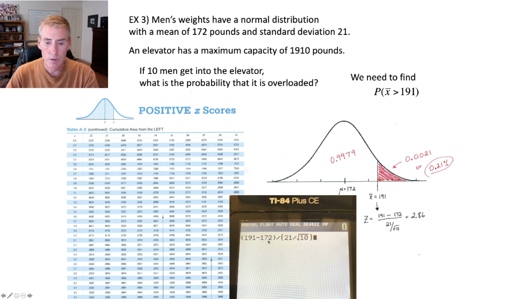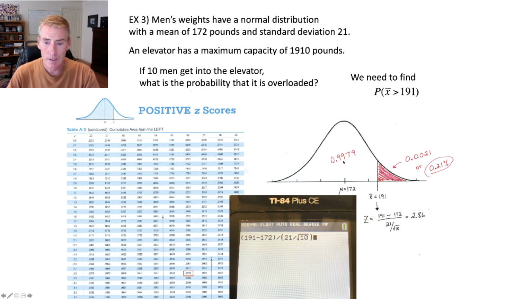Again, make sure you put the numerator in its own parentheses and the denominator in its own parentheses. And then you'll get a 2.86. So over to the Z table and look up 2.86. So it'd be 2.8, and if I get the right column, that's going to be 0.9979. Magical rectangle, what do you say? Yes, got it, 0.9979.